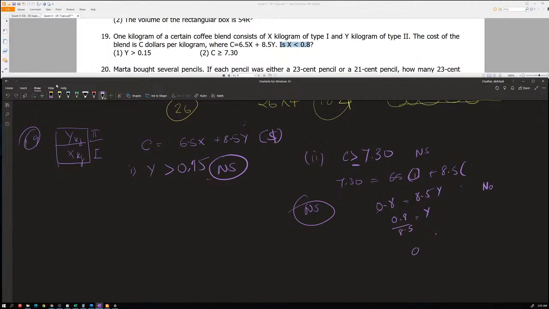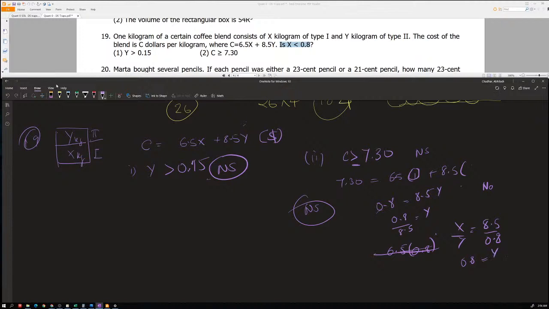What happens if we put it as 0.8? If it is 0.8 and this is 6.5, we have already got that x by y is equal to 8.5 by 0.8. So if x is 0.8, we can get a value of y.